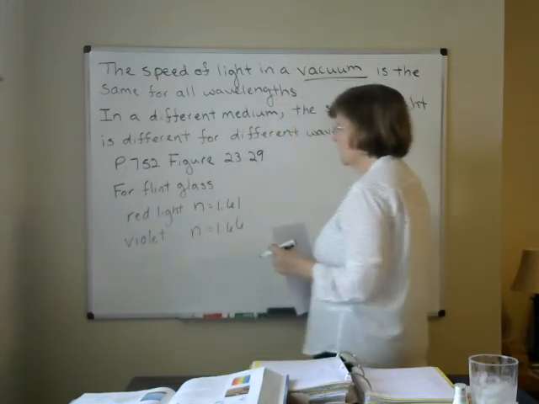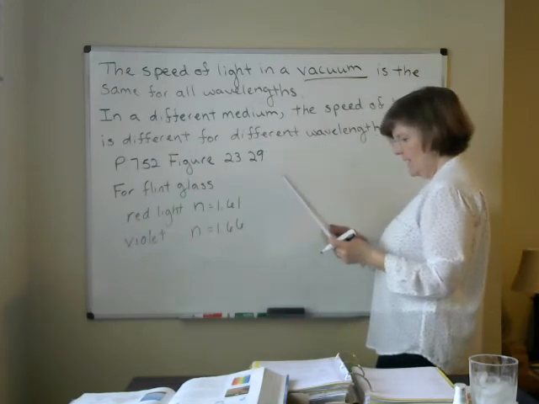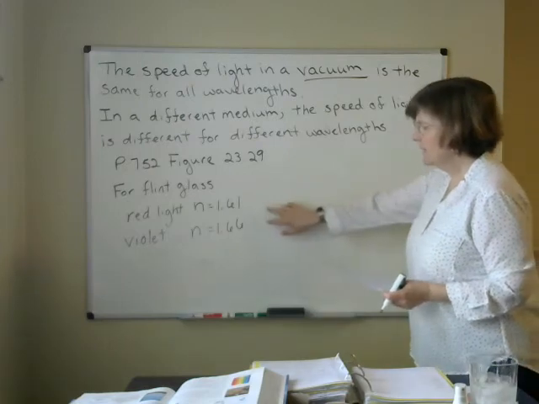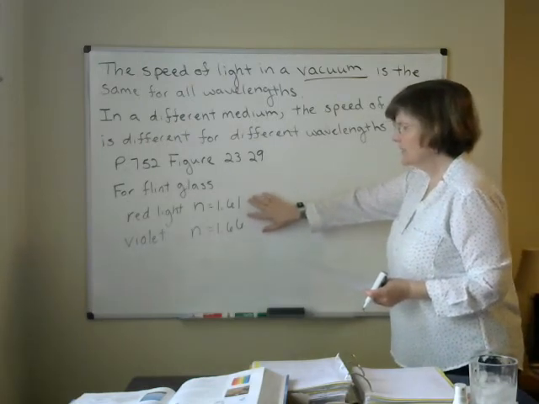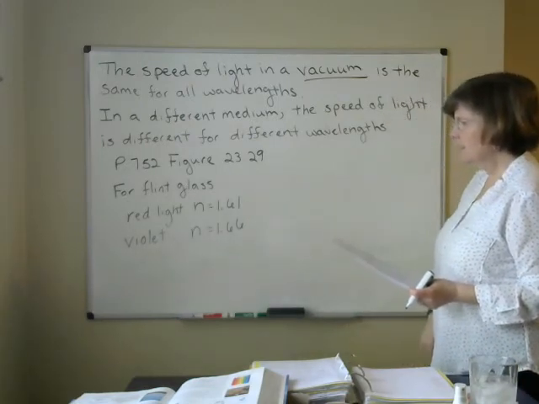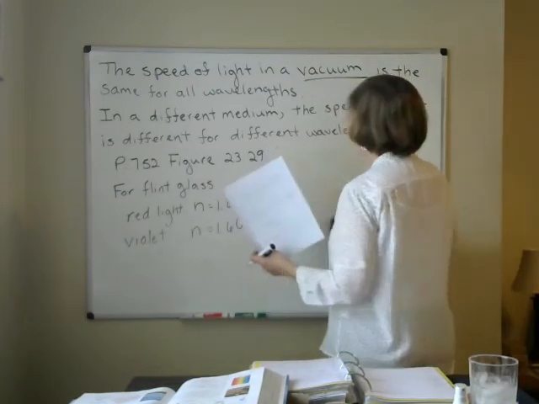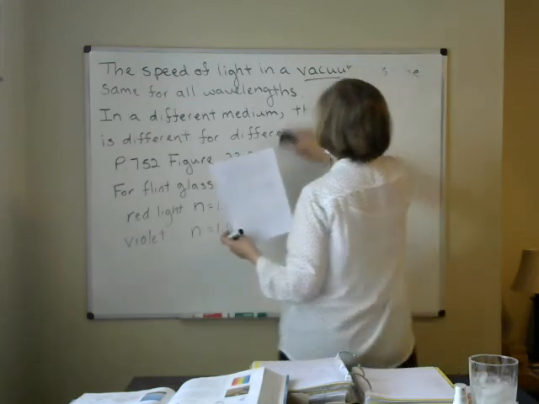What that means is when we do the math, the bending, the refracted angle is going to be different between red light and violet light. Let's look at that example. Let's make a little bit more room up here.